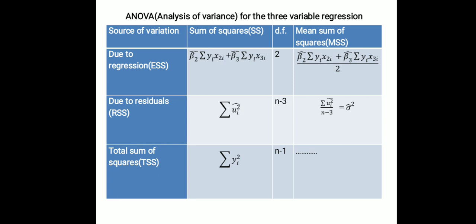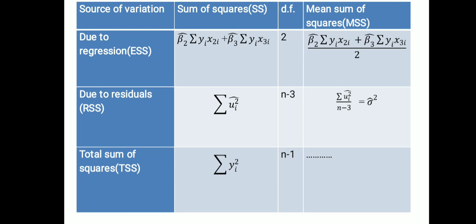So the analysis for the 3 variable regression is like this. x2 and x3 are the two independent variables, and the coefficients are beta 2 cap and beta 3 cap.